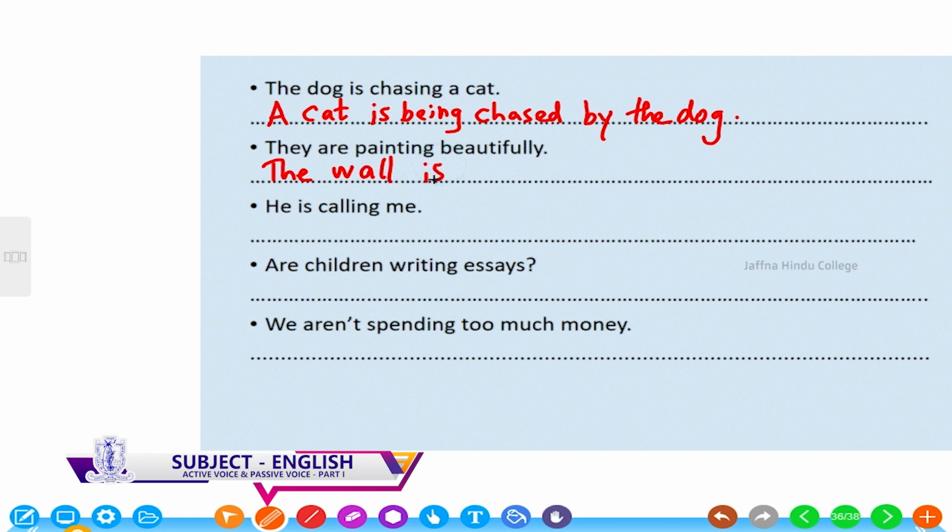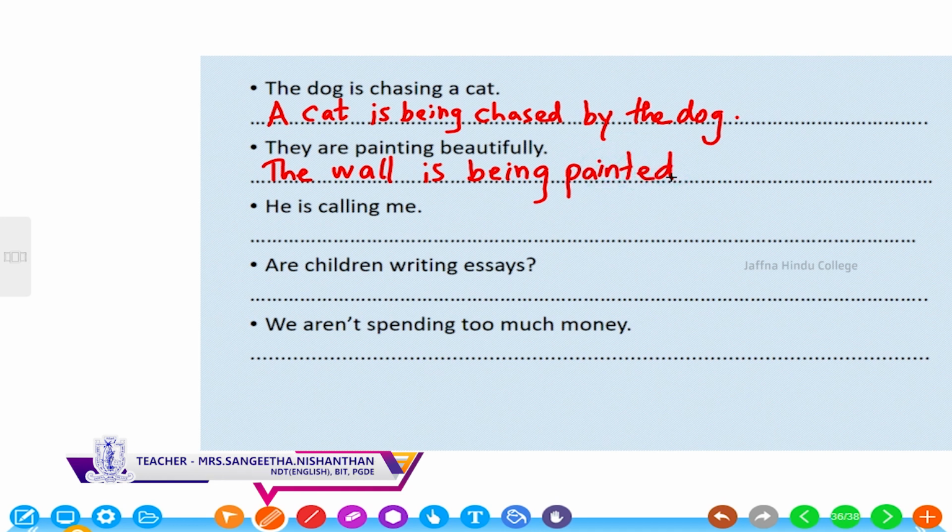If I put the subject as the pictures, if it is plural, I have to put are. The be verb is decided depending on the subject. So, here the wall is singular. So, I put is plus being plus the past participle of the main verb, painted.